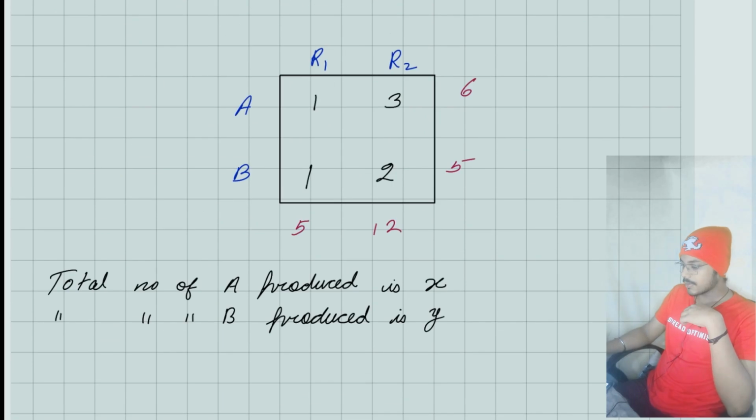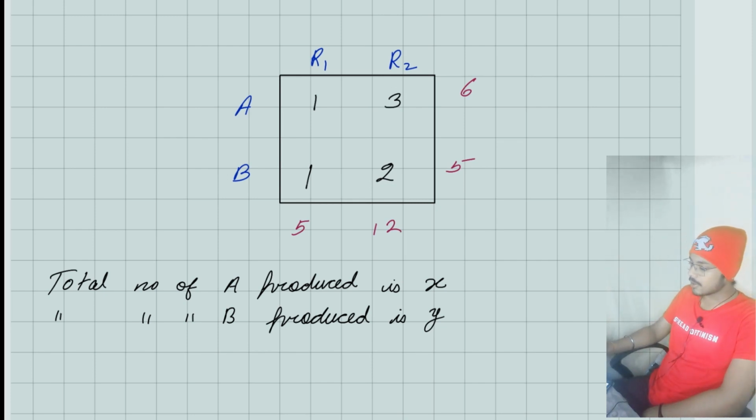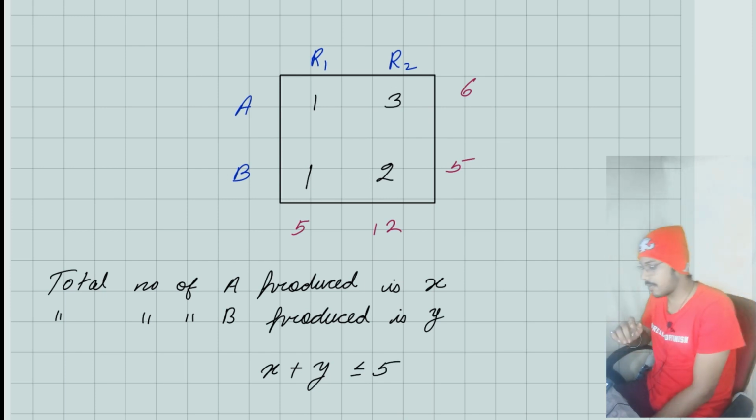So if the total number of A produced is X and the total number of B produced is Y, then X plus Y should be less than or equal to 5. Did you get it? I think you may not have.